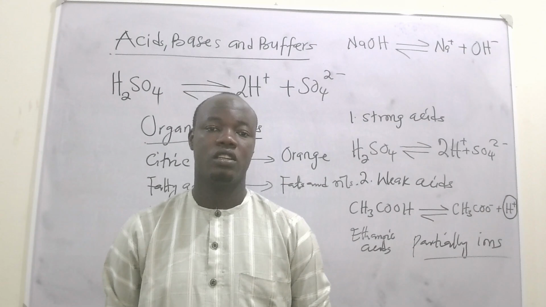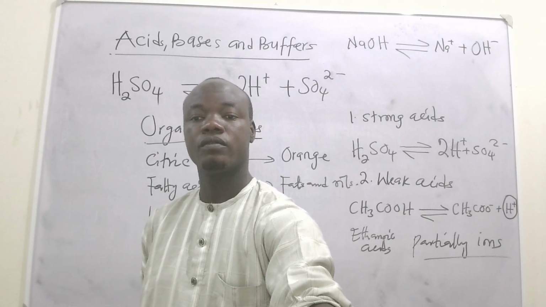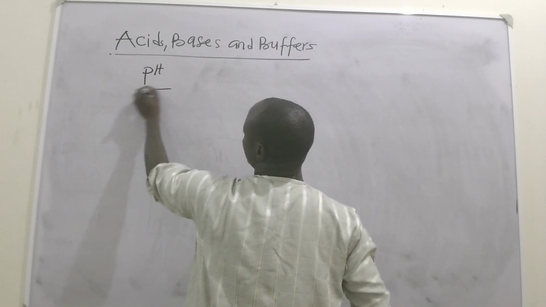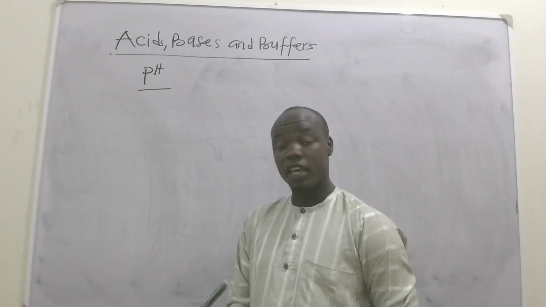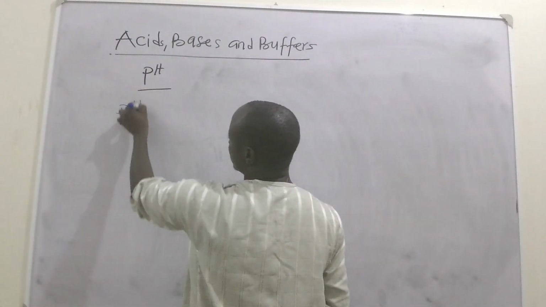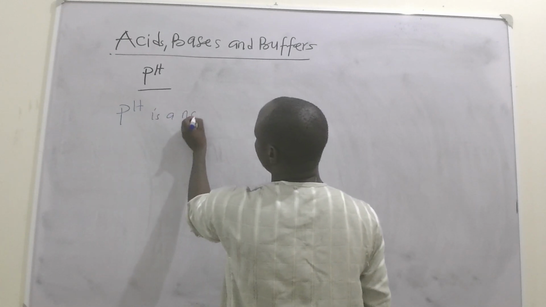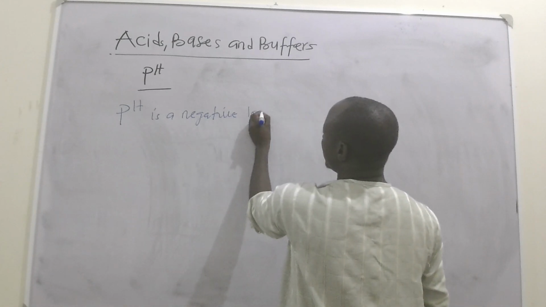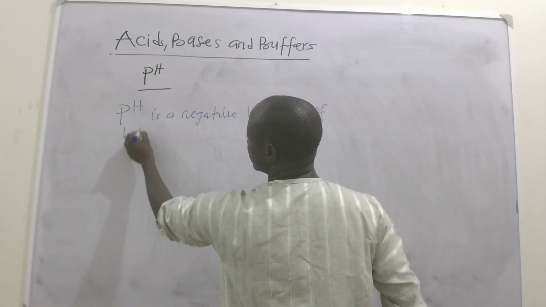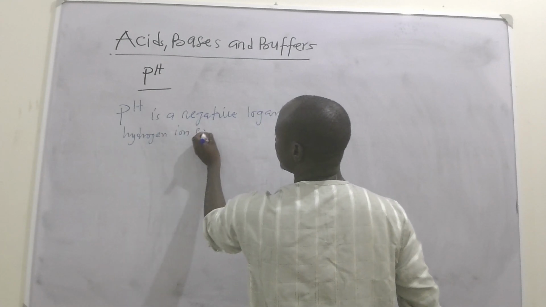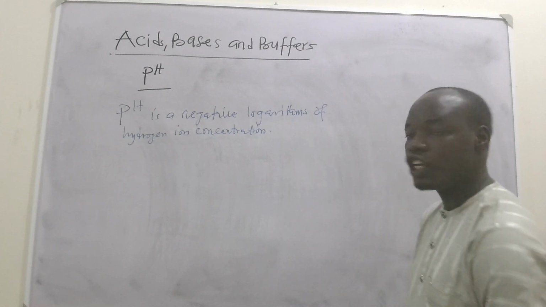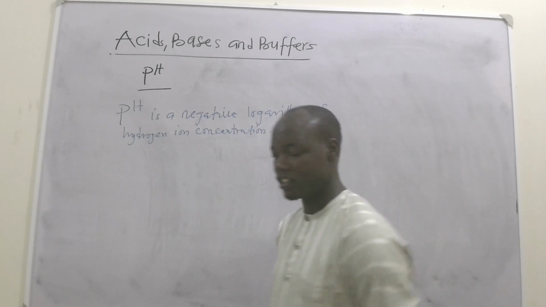So the next thing that we are going to look at is pH. What is pH? pH is the negative logarithm of hydrogen ion concentration.